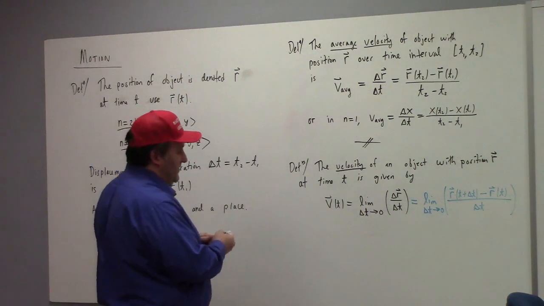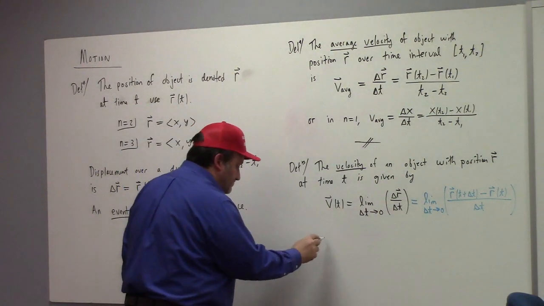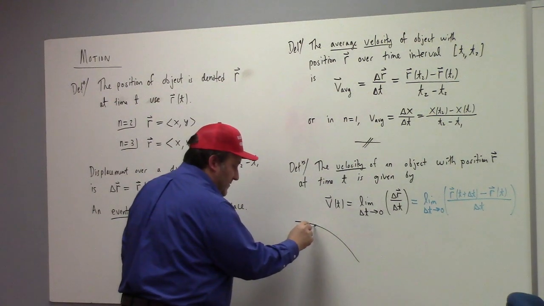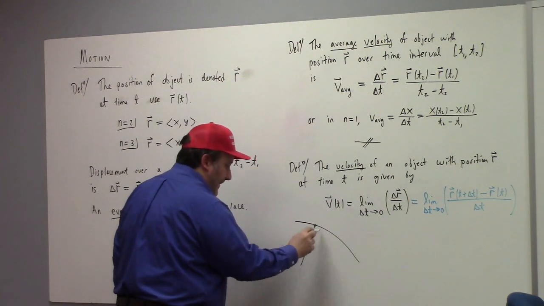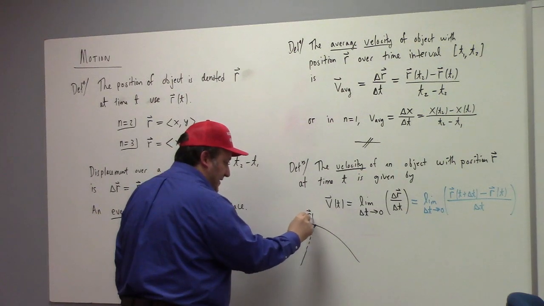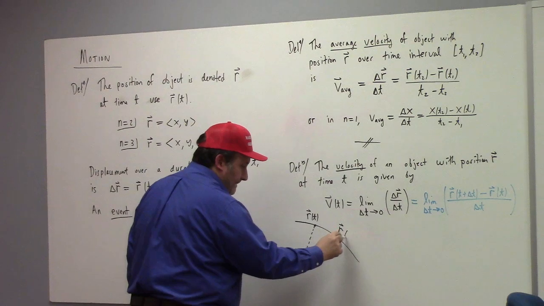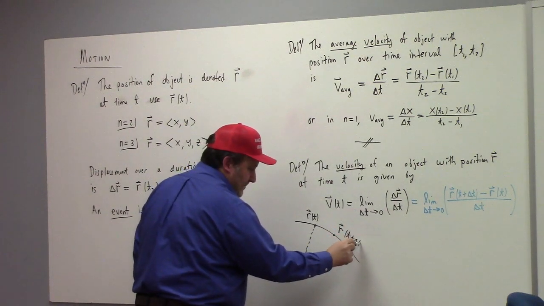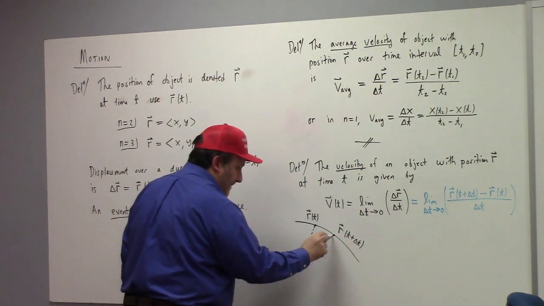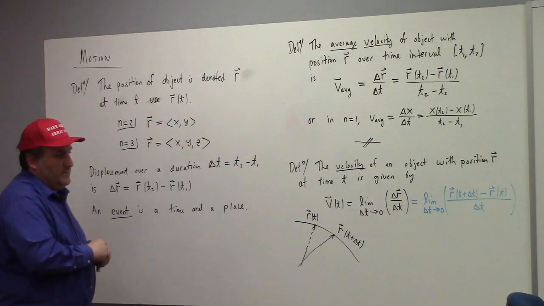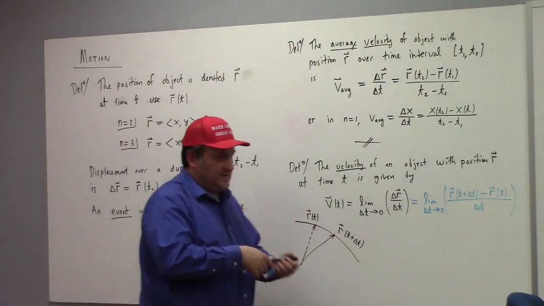So if I drew a picture of this, your particle's traveling along some path, right? And here it is at time t, and here it is at time t plus delta t. Well, what does delta r look like there?